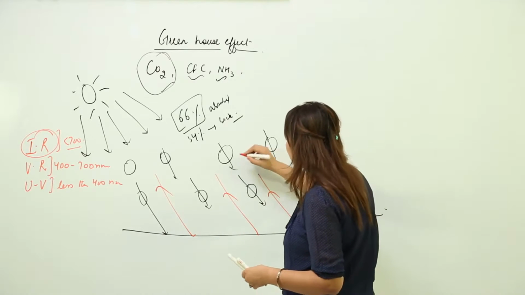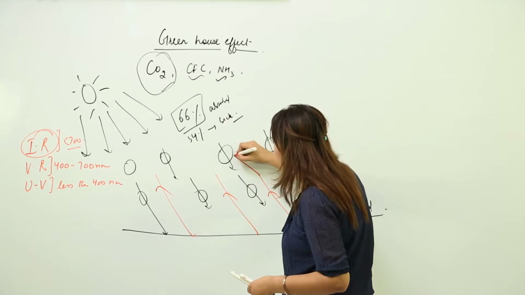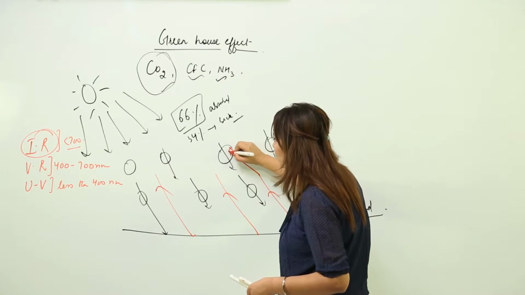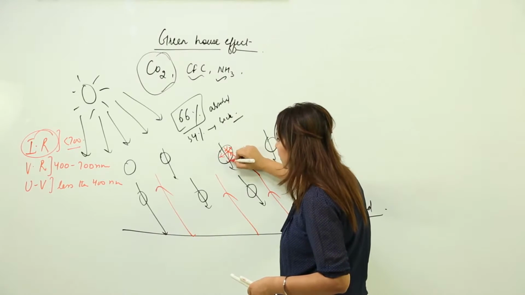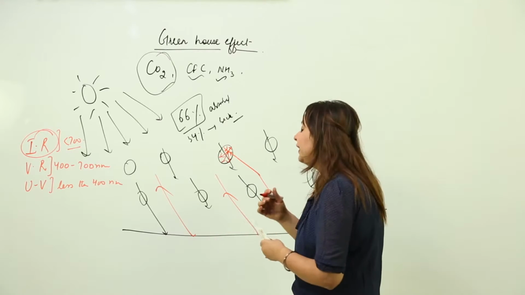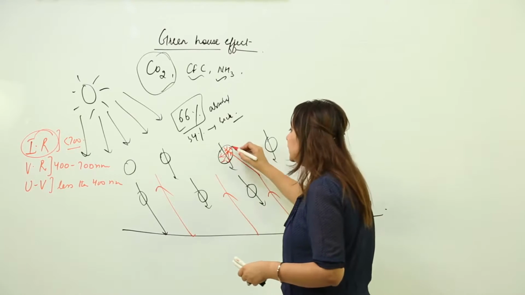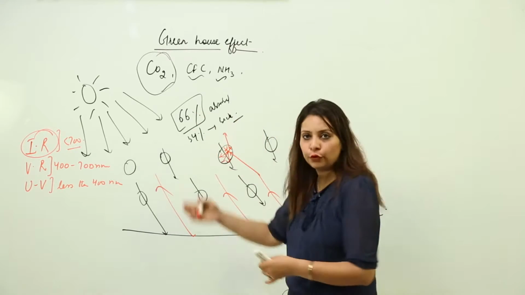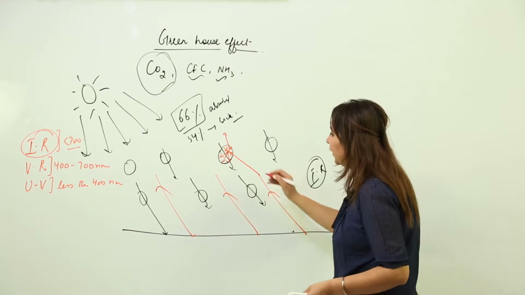So these CO2 molecules allow these radiations to enter, but once inside, they undergo several reflections, and their wavelength increases up to a certain level. When it has increased, the molecules don't allow these radiations to pass out again. So the radiations get trapped.